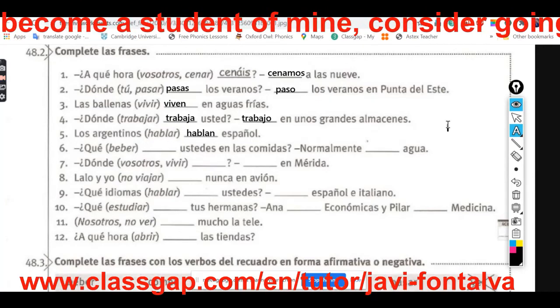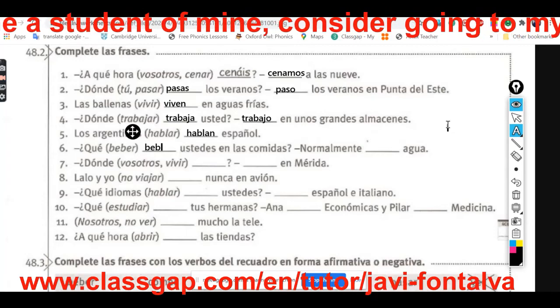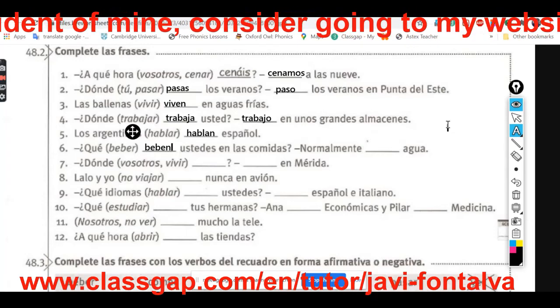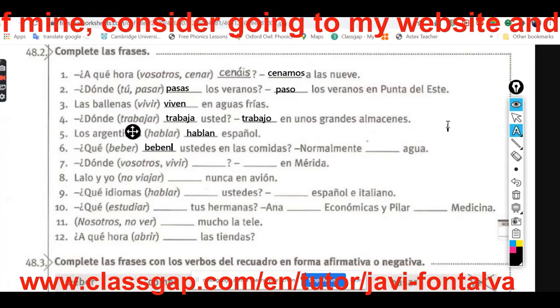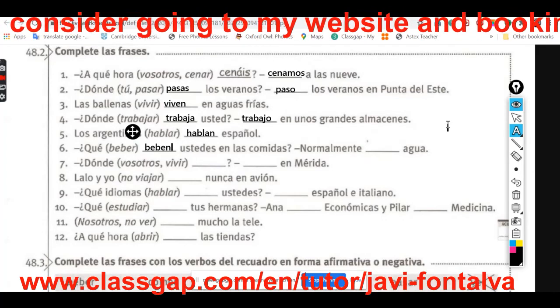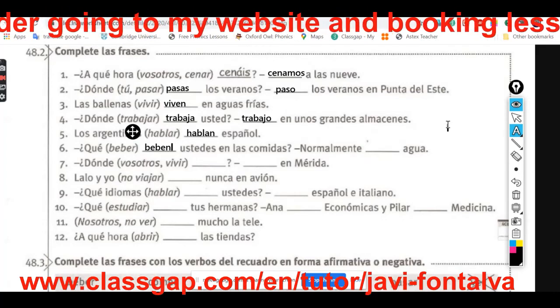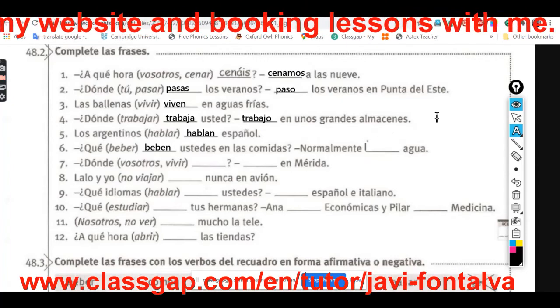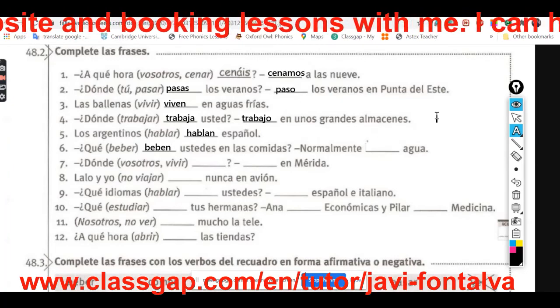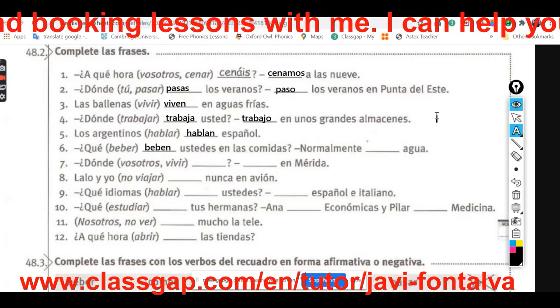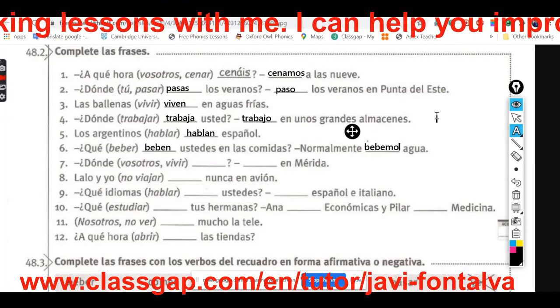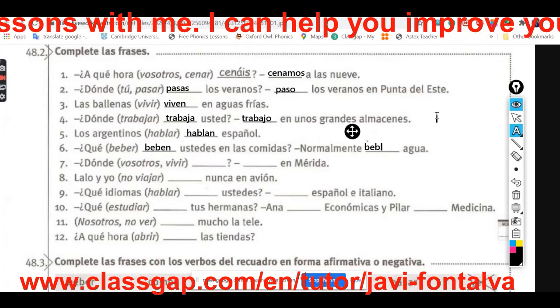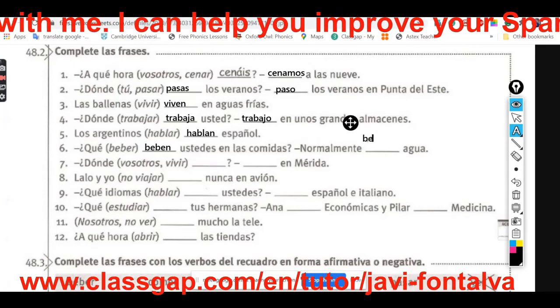¿Qué beben ustedes en las comidas? Normalmente bebemos agua. Perfect. Of course.